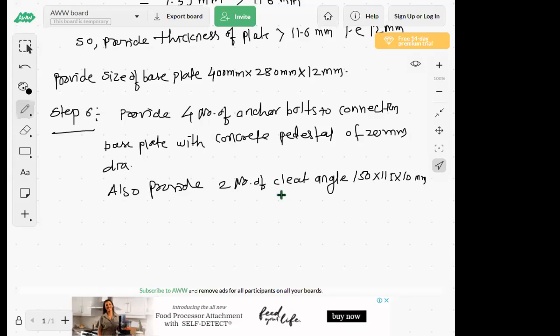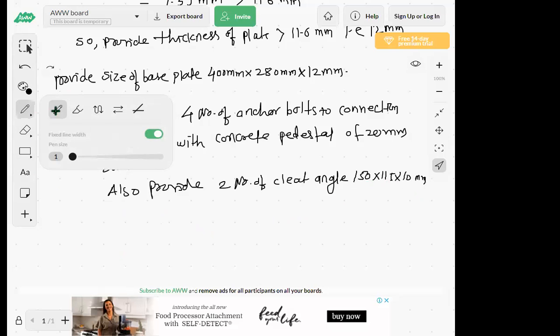So here we are providing two cleat angles of 150 by 115 by 10. As per your wish, you can provide 150 by 125, or you can provide 125 by 110. As greater size of angle we can provide here, with thickness of 10 or 12. So this is step number 6.